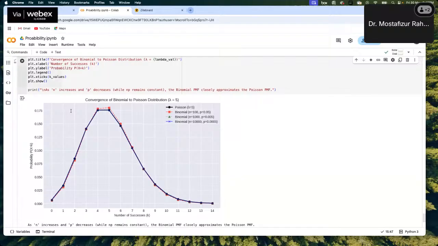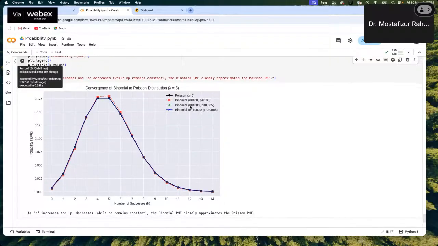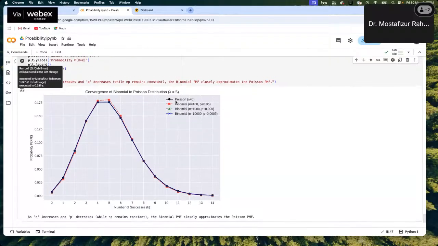So you see there are various cases, like a binomial distribution with 100 points and 0.05 probability, 1,000 points with 0.005 probability. This is the case where the probability is much smaller and the number of trials is larger. Then this n into p becomes lambda. The binomial distribution converges to the Poisson distribution.